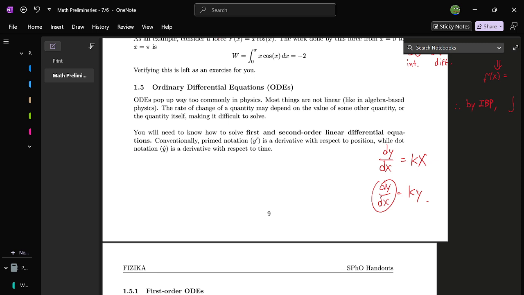So the rate of change of y is dependent on y itself. Now this is clearly non-linear, and you need to know how to solve ODEs in order to find what y is as a function of x.